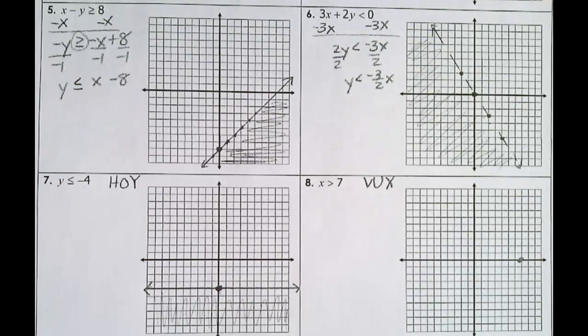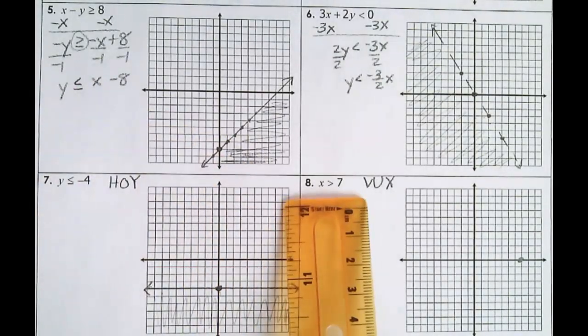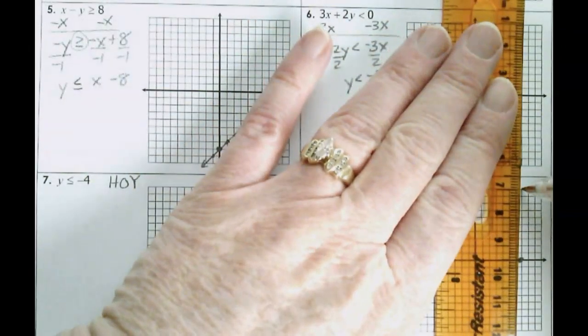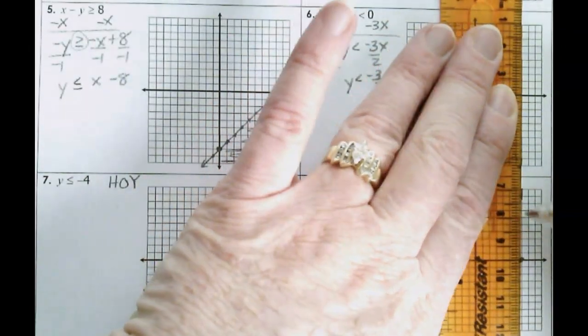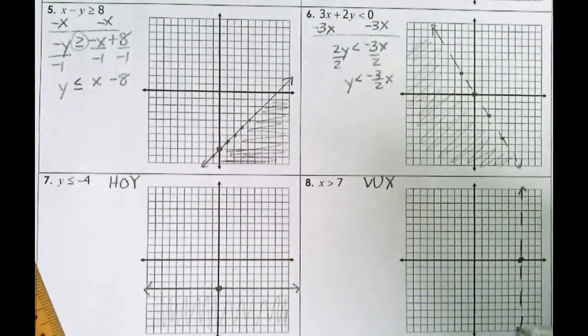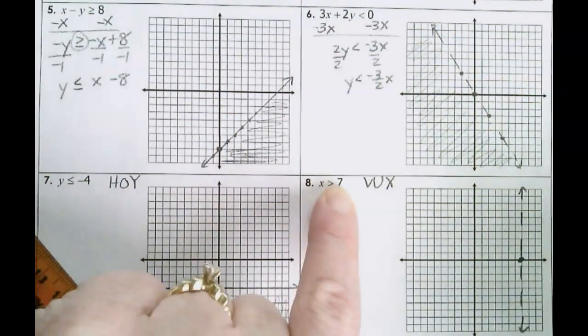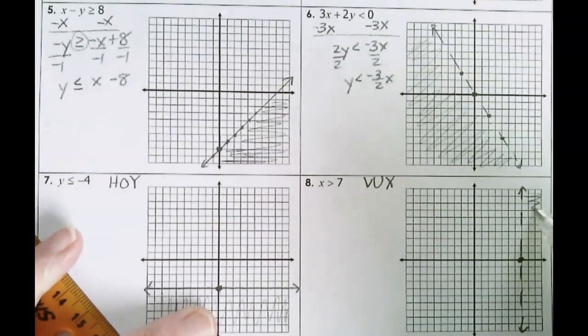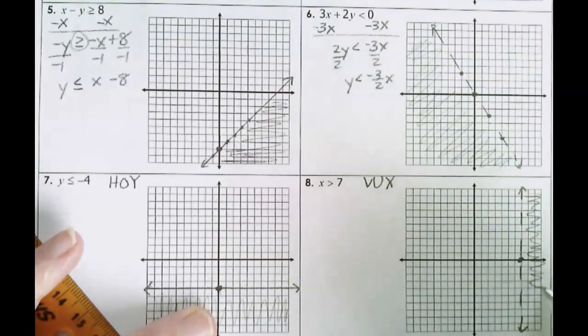Is it dashed? Yeah, this isn't touching 7. It's everything past 7, but not actually 7. So I'm going to line it up, but this is a dashed line. And it says x is greater than 7. Well, then that would be 8, 9, 10. So that'd be everything to the right.